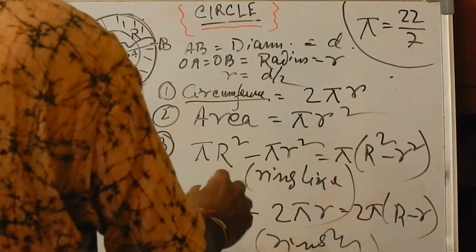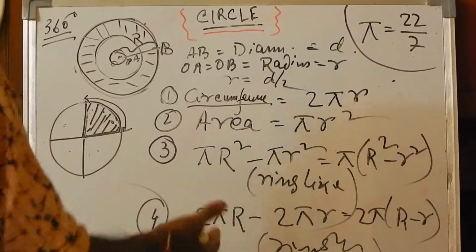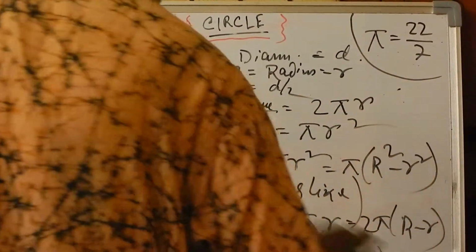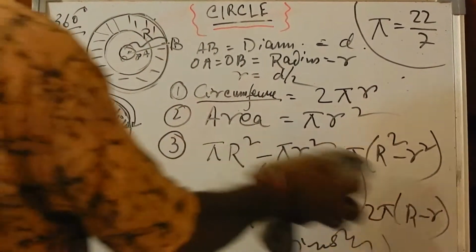So 2 pi r into 1/4, whatever it is, the required measurement. So that's all about the formula. We'll come directly to the sums.